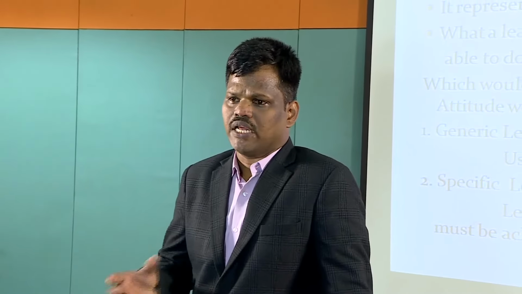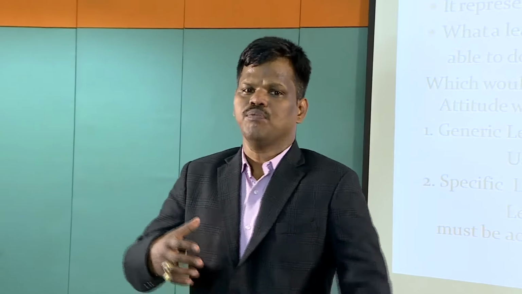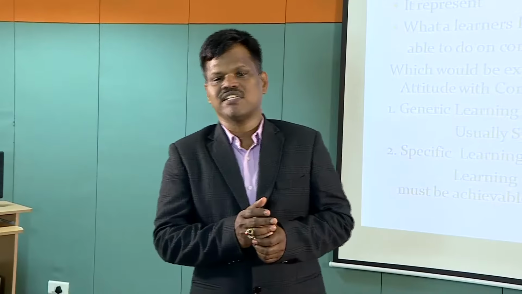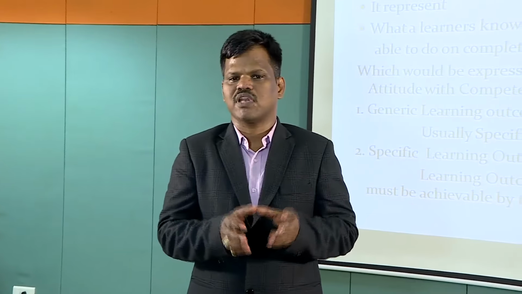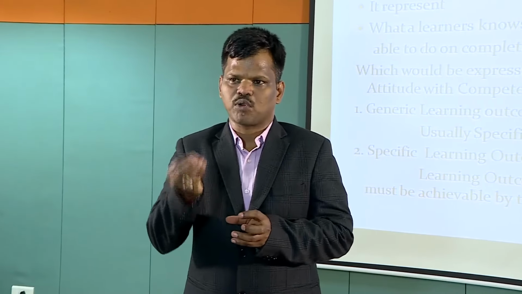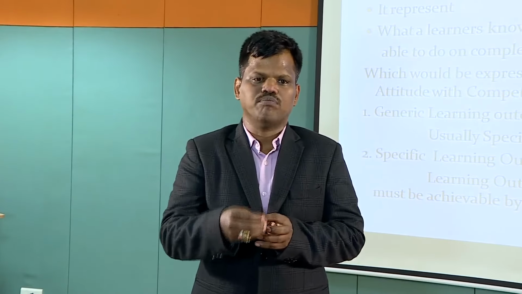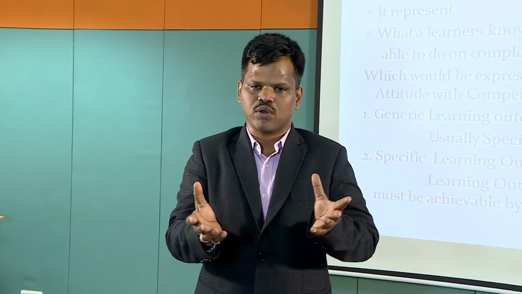The entire course structure is followed to cover what we want to learn, understand, and be able to do in the entire learning process, expressed in terms of knowledge, skills and attitude with a competency. What is the level of our course? Level 4 means level 4 competency, supported by skill, knowledge and attitude.